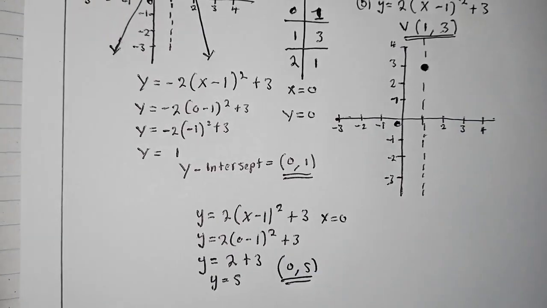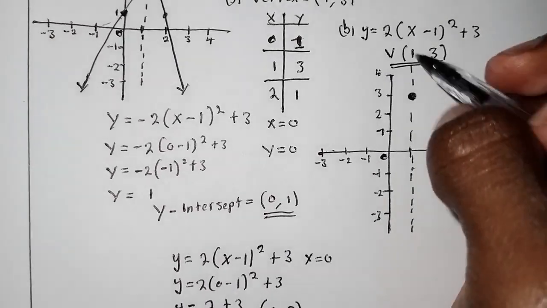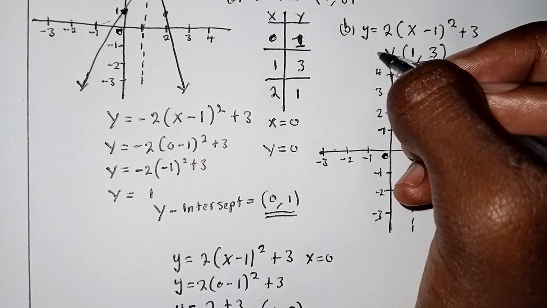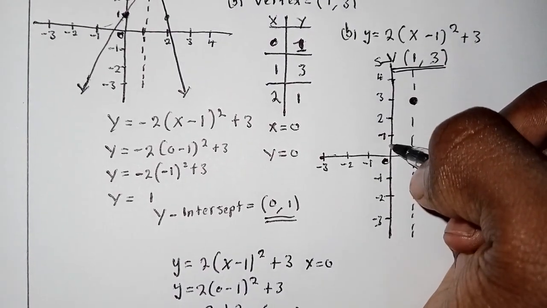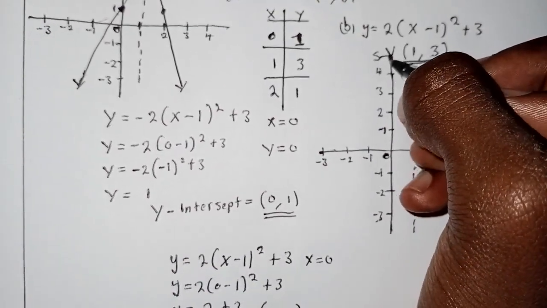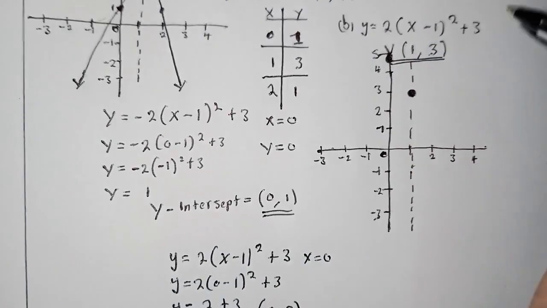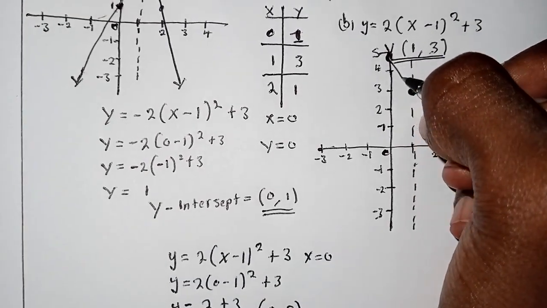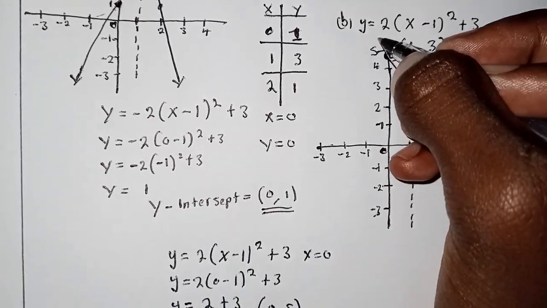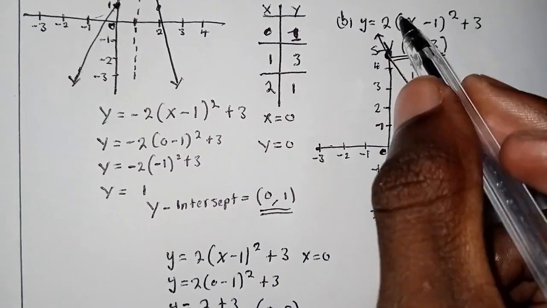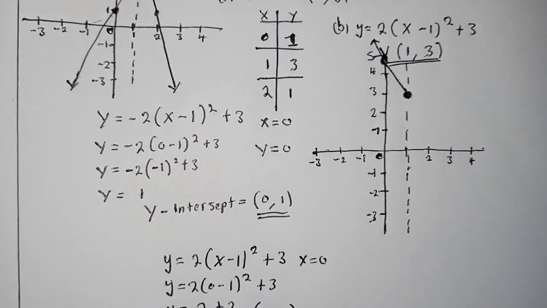Of course, so we have another value here, 5. So you take your plot. This is going to be this point here. You can join like this because we're going upward. Why? Because this 2 is greater than 0.